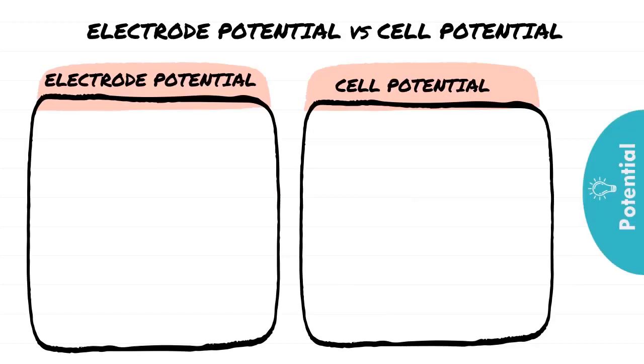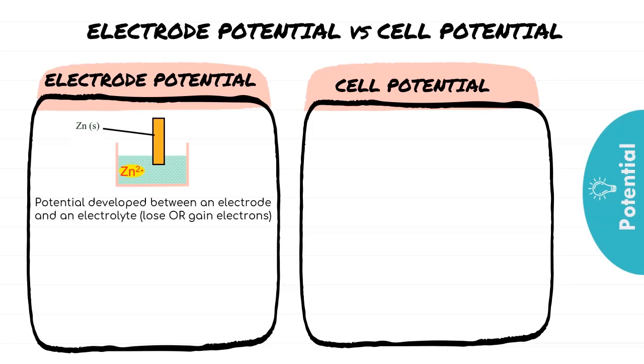We have to be familiar with these two terms, electrode potential and cell potential, because we're going to use them quite frequently throughout this subtopic. When we have an electrode dipped in an electrolyte, the electrode will lose or gain electrons depending on its nature. Let's say the electrode is zinc and it loses electrons. The potential developed between an electrode and electrolyte is known as electrode potential.